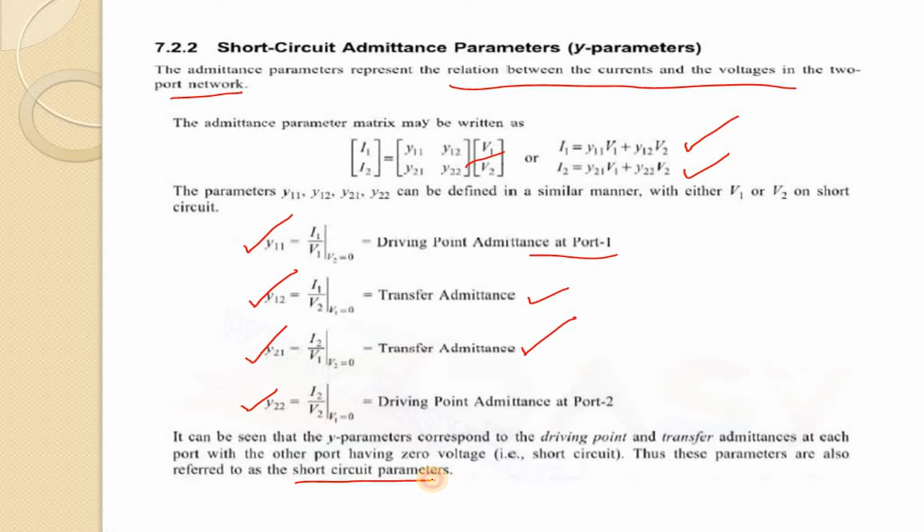Have you understood why it is called short circuit? Because when the circuit is shorted, the voltage is zero, and all the parameter calculations here were done by making the voltage zero, V1 equals 0 or V2 equals 0. So these parameters are known as short circuit parameters.